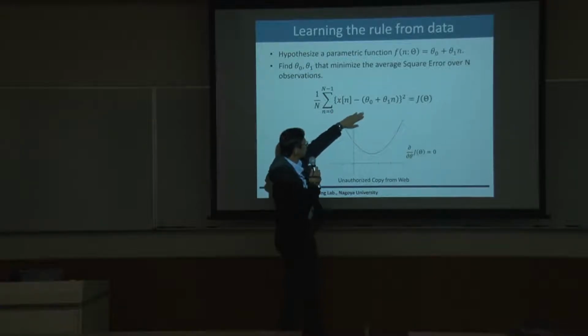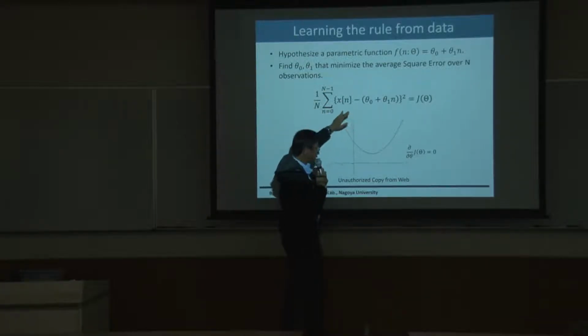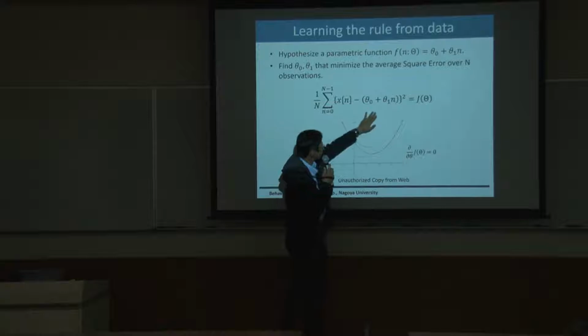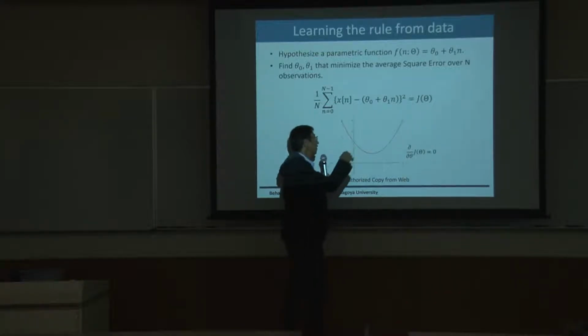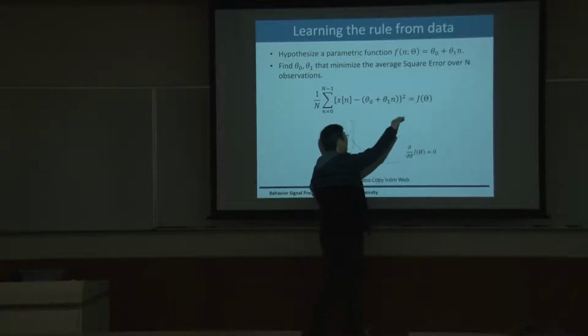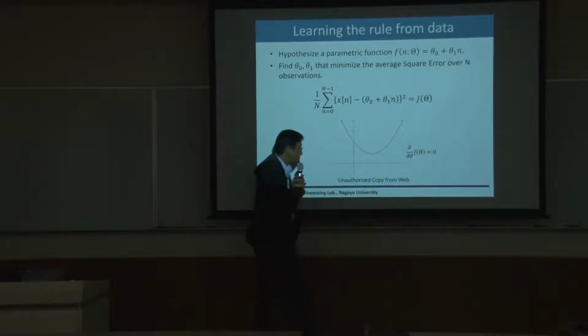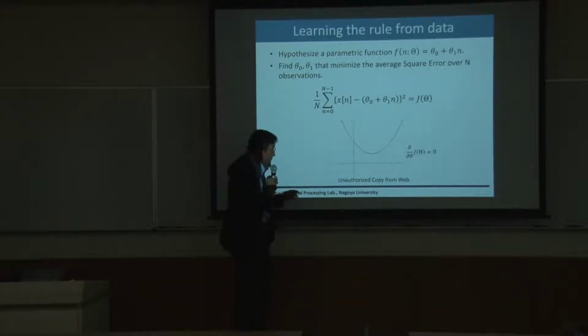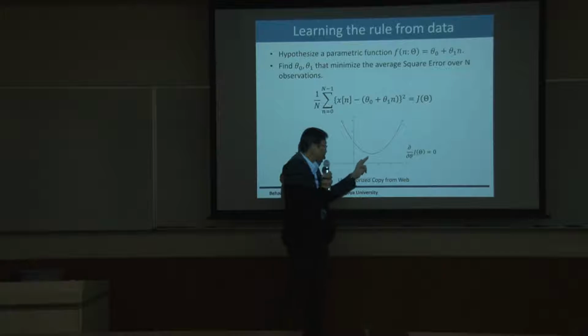Whatever notation you use, all you have to do is calculate the total error, to derive the total error function by substituting the n sample data into this equation. And then when you get that quadratic form, you can derive the derivatives with respect to the two free parameters, and then calculate the minimal point here.